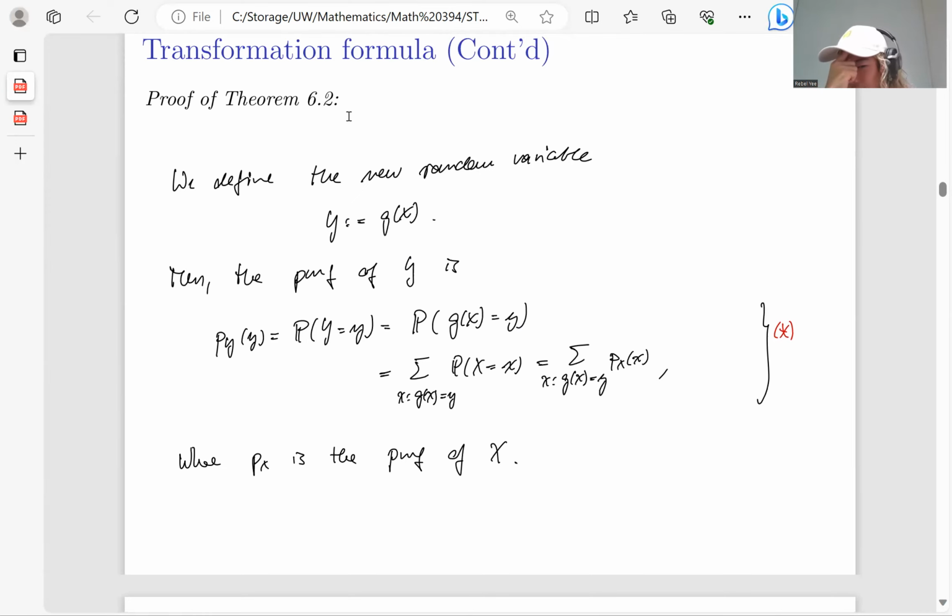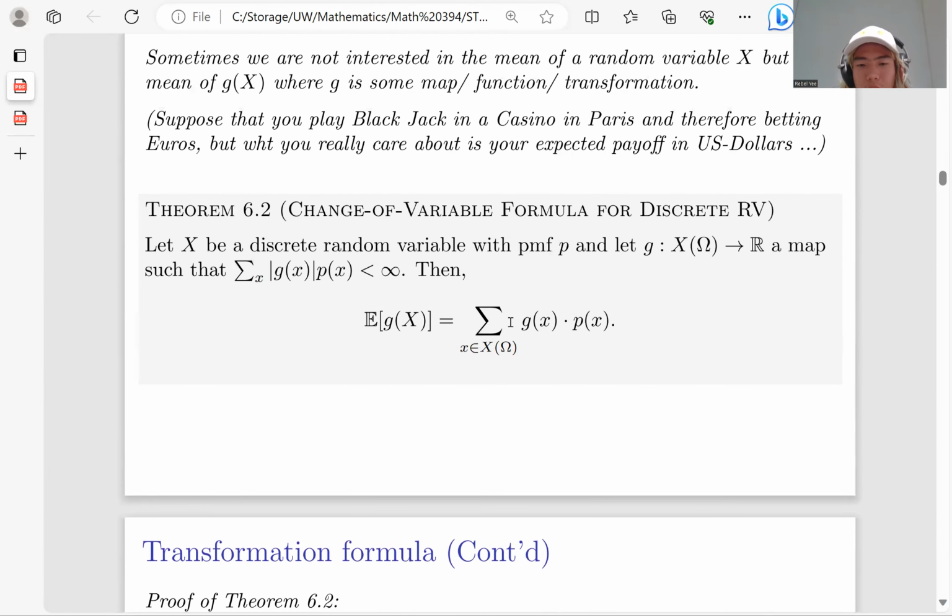Of course, if you're interested, you can view this slide for longer. But the main idea of this proof is just to use the function's bijection of probability, using the domain and range to exchange it.